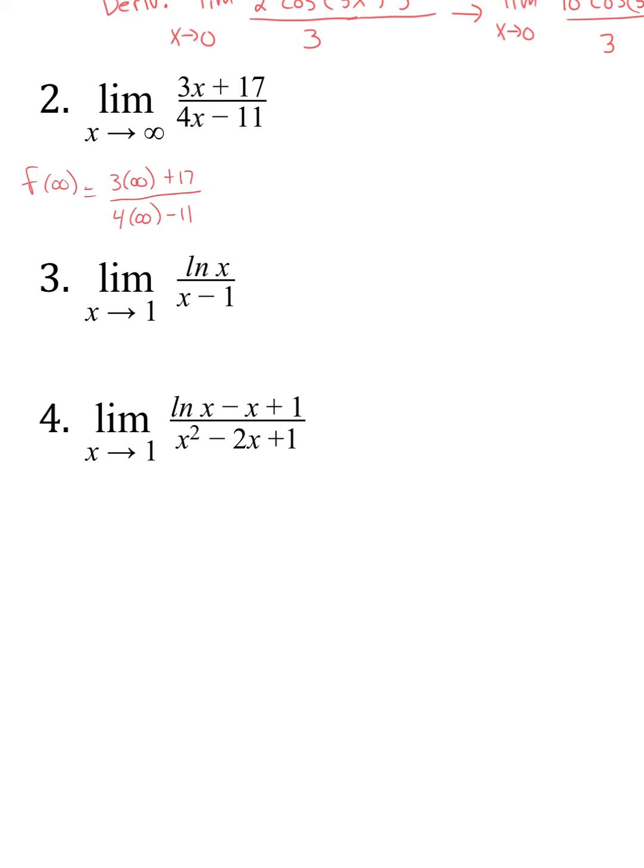Well, 3 times a really big number plus 17 is still a really big number. And on the bottom, if we take 4 times a really, really big number and only subtract 11, that's still going to be a really big number. So there you have it. This direct substitution into our original function gives us infinity over infinity. That means we can use L'Hopital's.